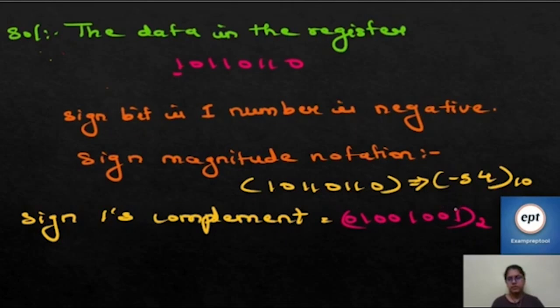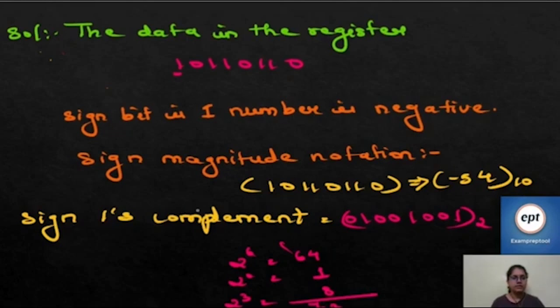So the positions are 0 1 2 3 4 5 6. So 2 to the power 6 is 64, I guess. Yes, and 2 to the power 0 will be 1, and 2 to the power 3 will be 8. We have to add these, so it will be 9. So 9 plus 64 is 73. So the value will be 73, but as we all know the number is negative, so it will be minus 73.